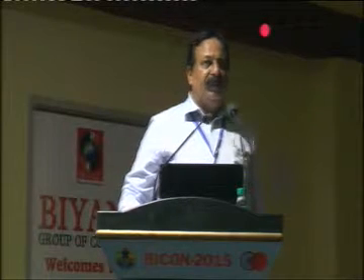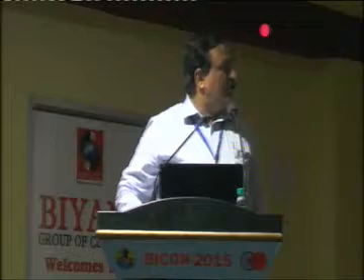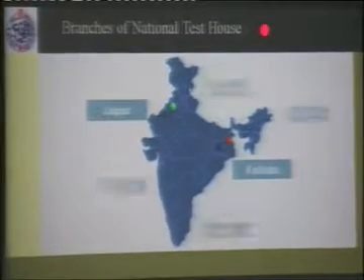It was established in 1912. In 2012, our institution completed 100 years. So it is a very old institution, which was established by the British for testing the products they used to make Indian industry. We have 6 branches.